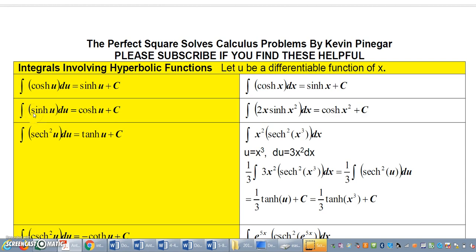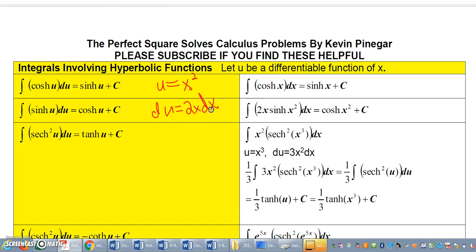And then the next formula is that the integral of hyperbolic sine of u du would be the hyperbolic cosine of u plus a constant. Now here I'm integrating 2x times the hyperbolic sine of x squared dx. Now what I could do here is let u equal x squared, which gives me hyperbolic sine of u in the integral, and then du would be the derivative of u, which is 2x times dx.